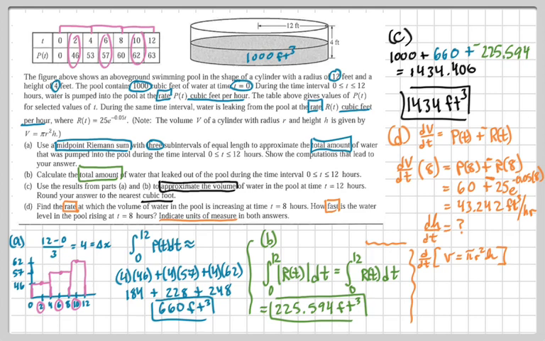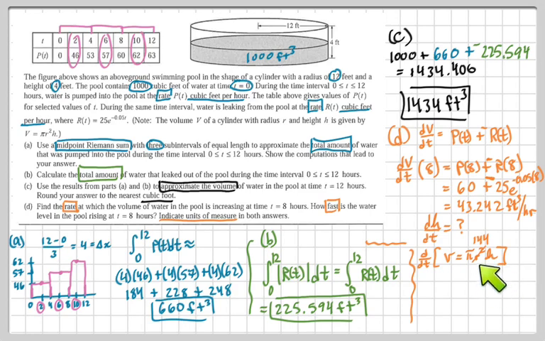And before we do this, we can simplify it a little bit more because R doesn't change in this scenario. The radius stays the same no matter how high or how low the water level is. And so because R doesn't change, we can go ahead and plug in what R is at 8 hours. And R is always going to be 12, so I'm going to cross out R squared and put 144.